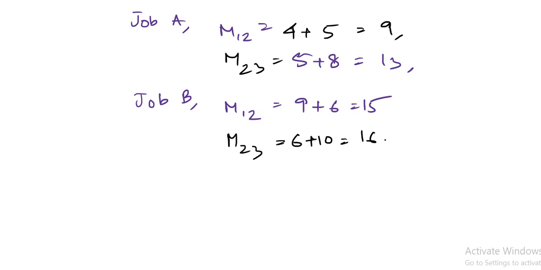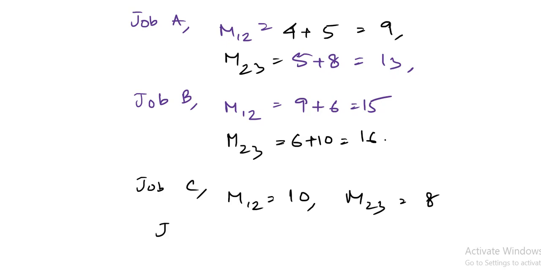For job C, M12 is 8 plus 2, that is 10, and M23 is 2 plus 6, that is 8.